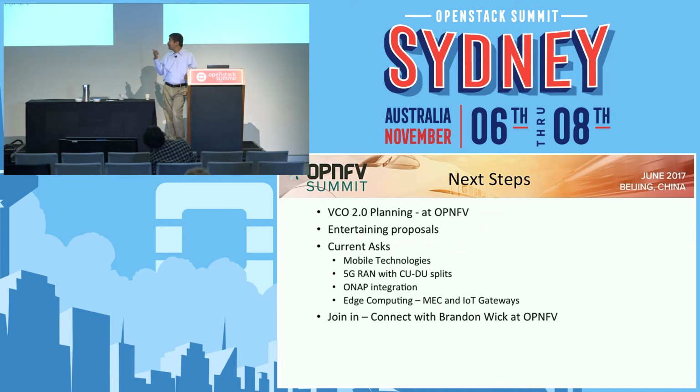So then another ask that we have had is to do ONAP integration with that, and to add things like MEC, mobile edge compute, or IoT gateways to that particular conversation. We're looking for more participants, obviously, as part of this effort. It's going to be a big effort. Our target is to try to demo something closer to the next OpenStack Summit in Vancouver. And if you're interested, you should join in.